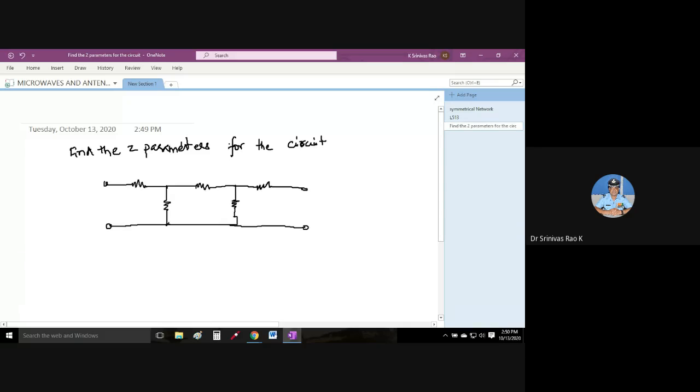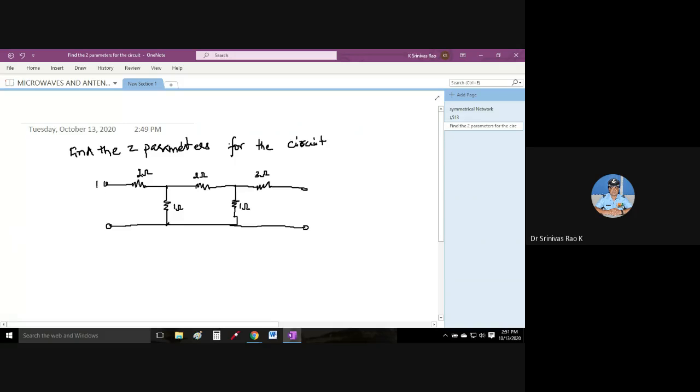We have here, it is very difficult to find this dot. 2 ohms, and this is 2 ohms, and this is 3 ohms. Then we have 1 ohm, then this is 1 ohm. With this network, we have to find the Z parameters for the circuit.